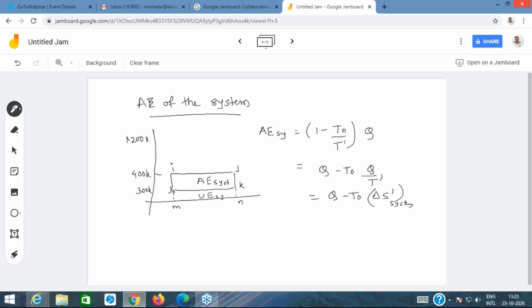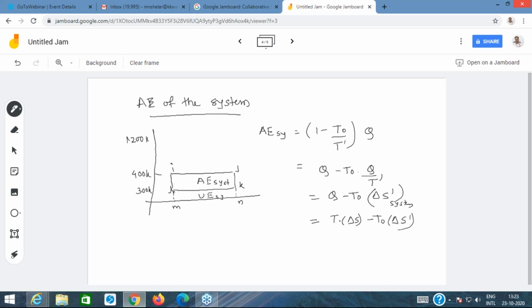There is one more expression which you can remember. Q is actually T into delta S of the source. You can use any expression, as long as it is consistent with our concepts, and you will get the same answer.